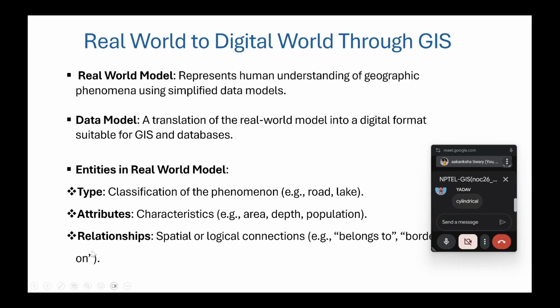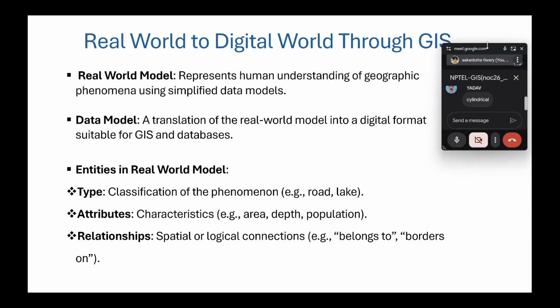And then there is a relationship between these two, the type and the attribute. So relationships are basically mostly spatial or logical connections. That means this belongs to, or this borders with, like, China borders with India, or borders on, something like this. So there should be some relationship between the two attributes or two types. Okay, so this is what relationship means.